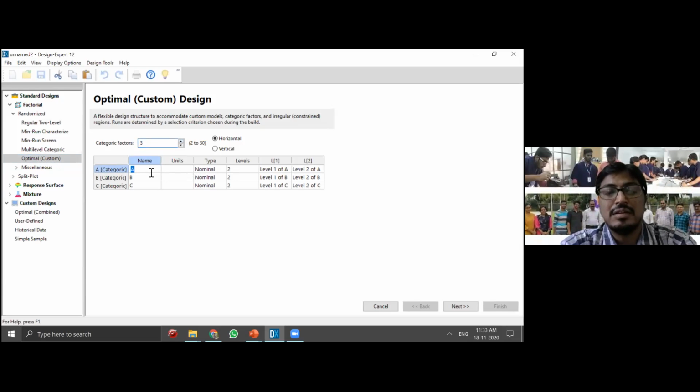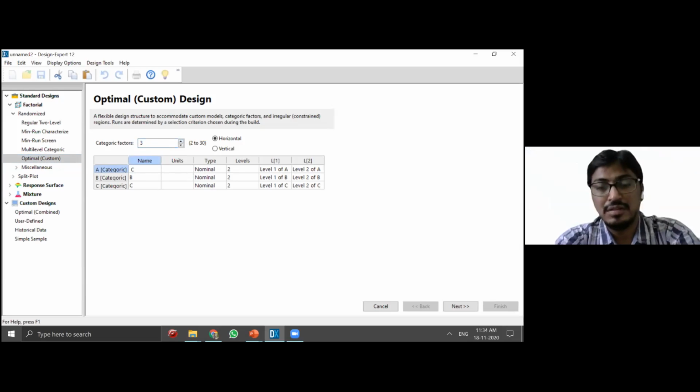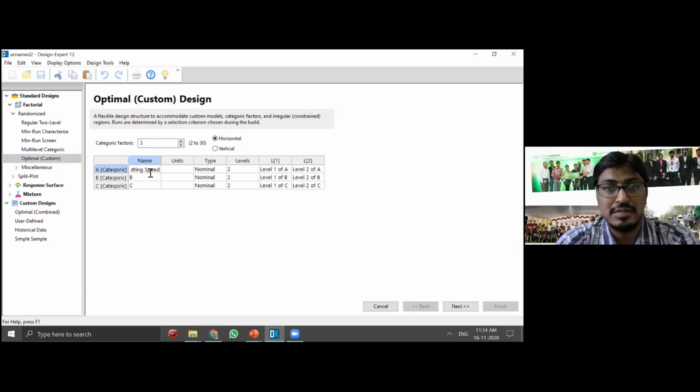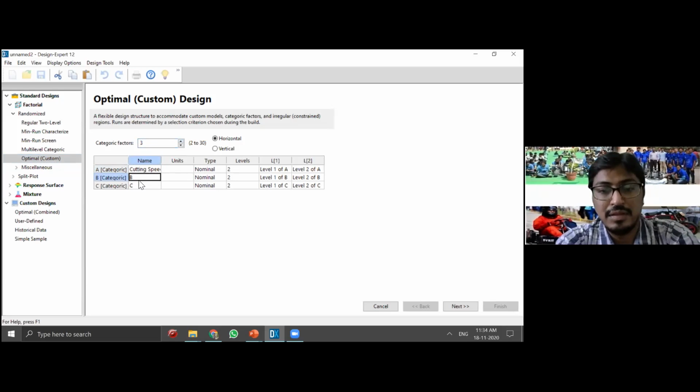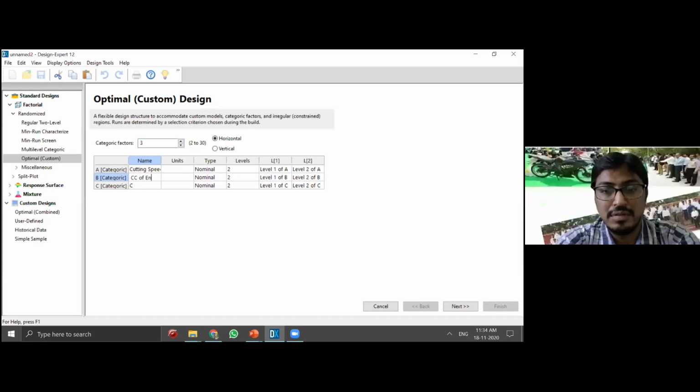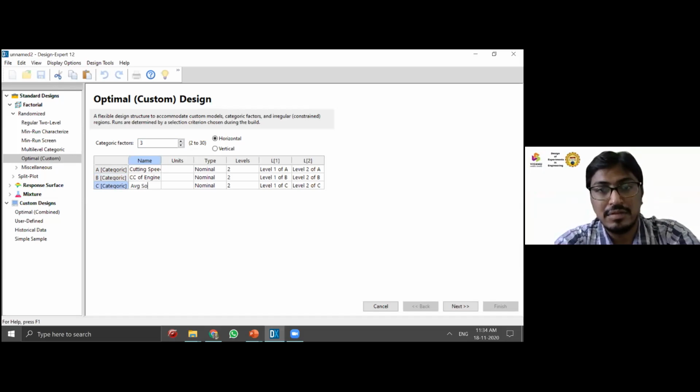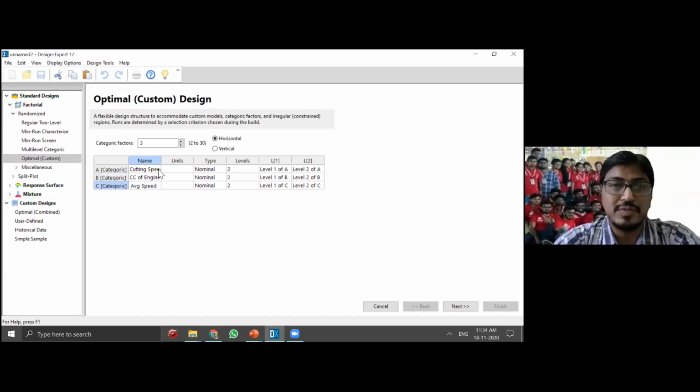Now let me mention the factors: cutting speed, feed, and depth of cut. So we have units here.